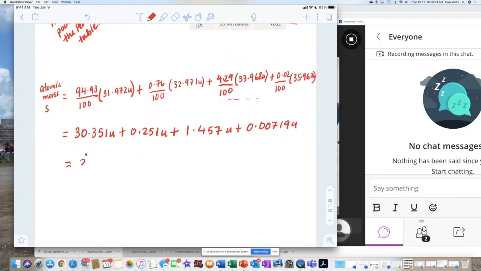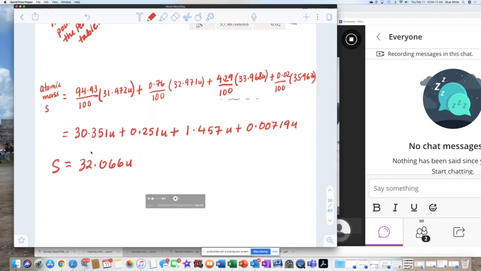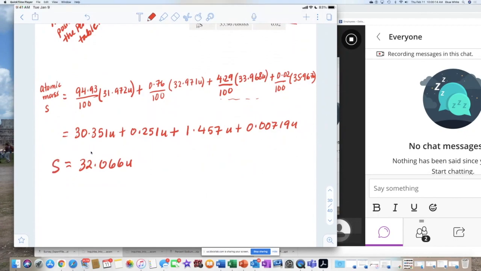Okay, I end up with 32.066 U. Okay, this is my sulfur atomic mass. So let me draw the sulfur atomic symbol that I have here. In my periodic table, it looks like this. I have the symbol S.